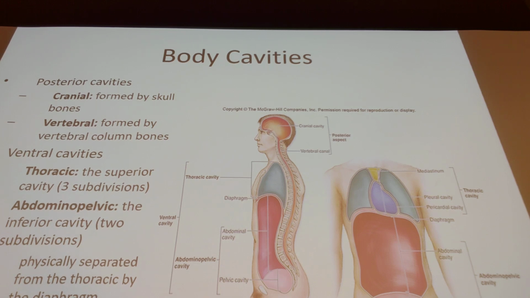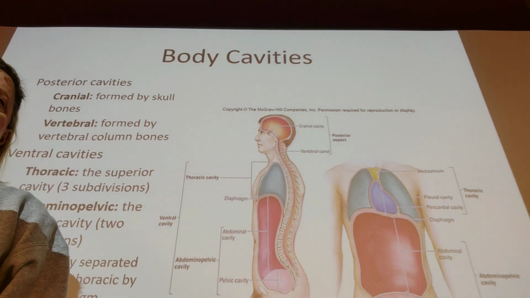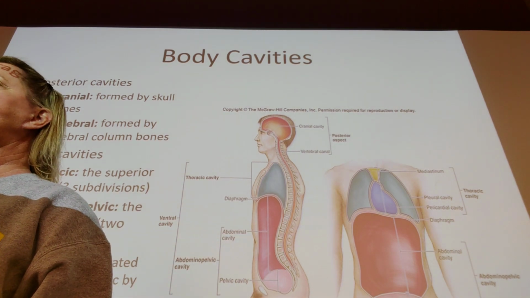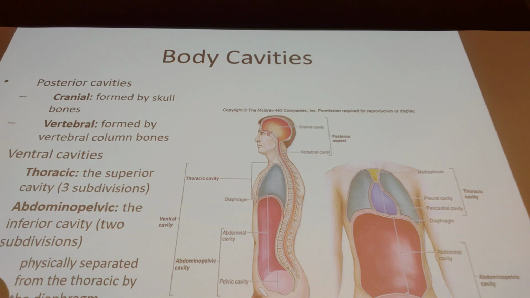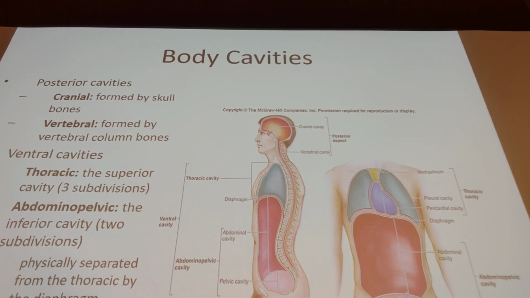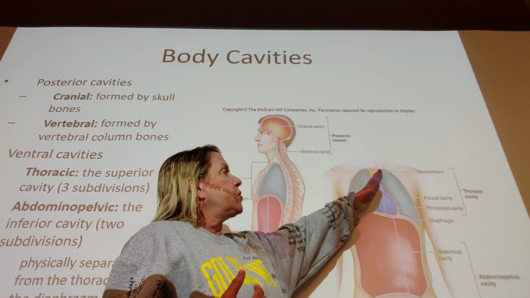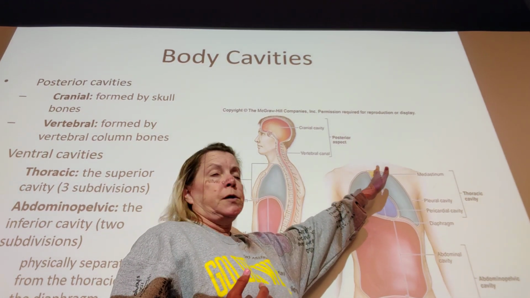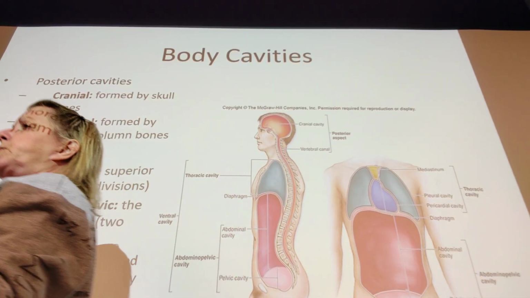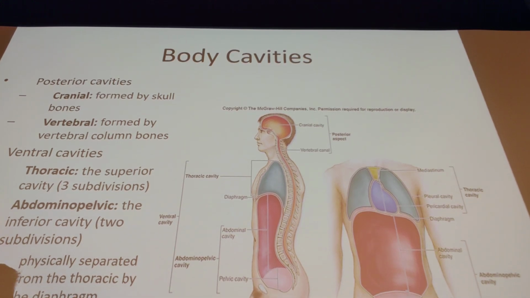Each cavity around each lung is called your pleural cavity, P-L-E-U-R-A-L. The cavity around your heart is called your pericardial cavity. Peri means around. Then there is a space in between your lungs and superior to your heart. It is not surrounded by these serosal membranes, and it is called your mediastinum.